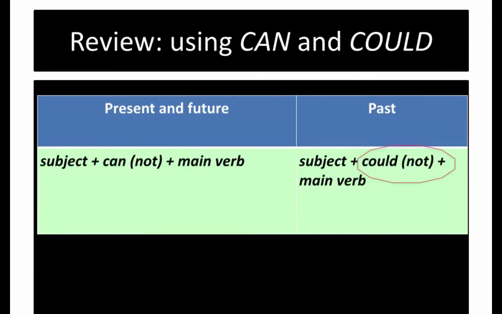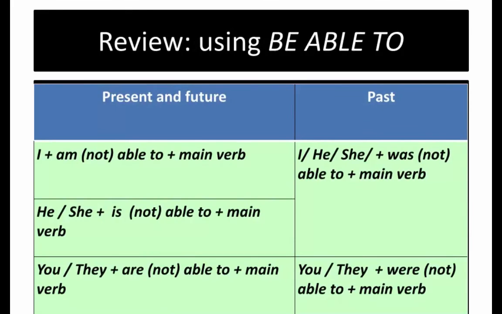And let's not forget the contractions, can't and couldn't. We can also use the phrasal modal verb be able to express ability in the present and future, and in the past.